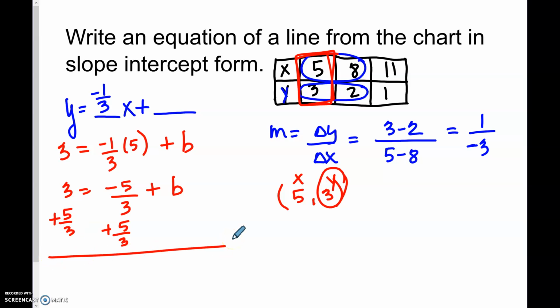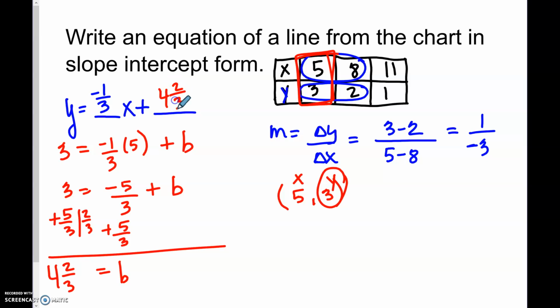So 3 plus 5/3 is going to be 4 and 2/3. 5/3 is 1 because 3 goes in once and I have 2 left over. So that's like writing 1 and 2/3. So 3 plus 1 is 4, and then we have our 2/3. So our y-intercept is 4 and 2/3.